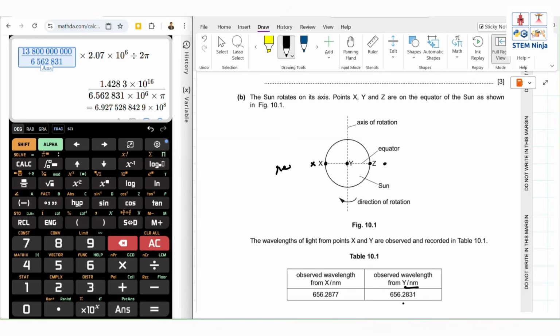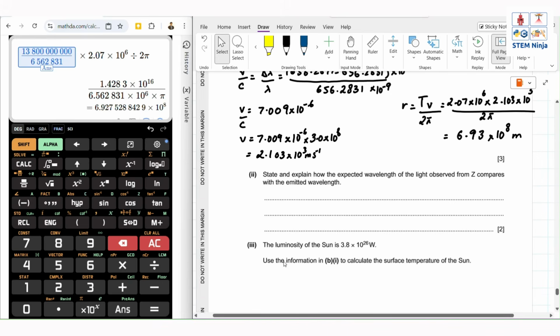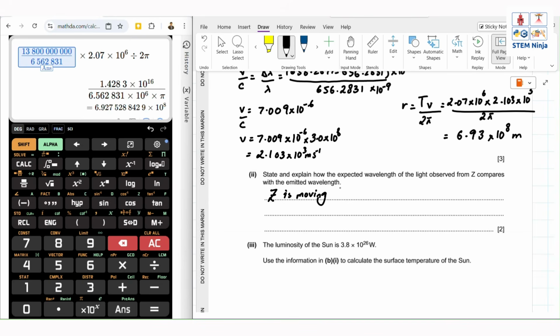So this is the point where the red shift will appear to happen, and this is the point where blue shift, that means reduction in the wavelength, will appear to happen. So Z is moving towards the observer.